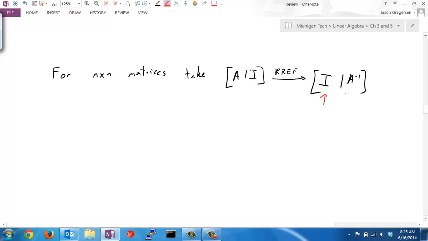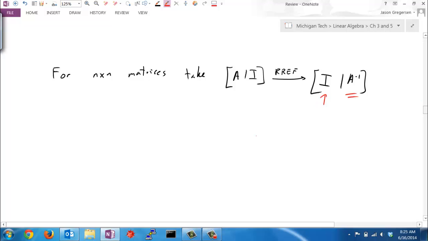If we can get to here, then this becomes the inverse. Those row reduction operations on identity kind of turn it into the inverse matrix. Okay, so that really got us through 2.1, 2.2, and 2.3, really about working with matrices.